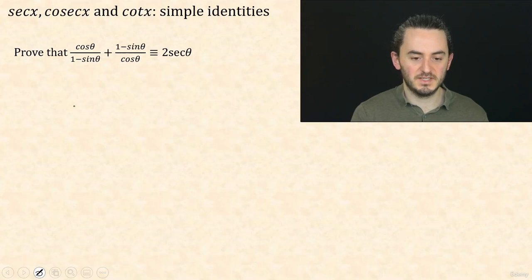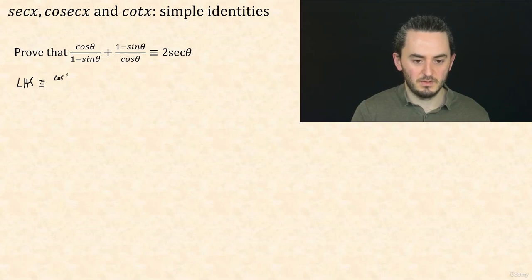Actually, let's set this up properly. So the left-hand side is cos theta over 1 minus sine theta plus 1 minus sine theta over cos theta. So my common denominator here is just the product of the two denominators.